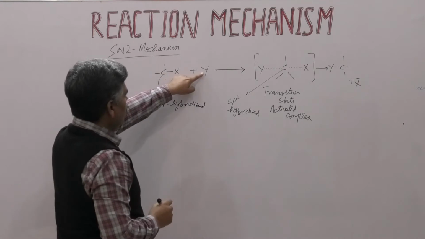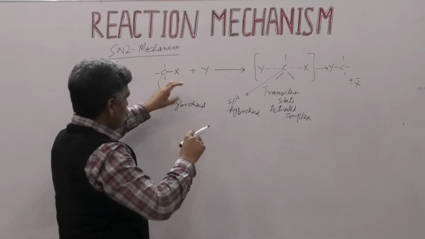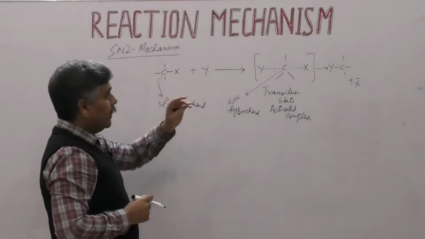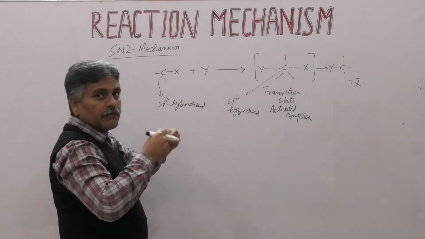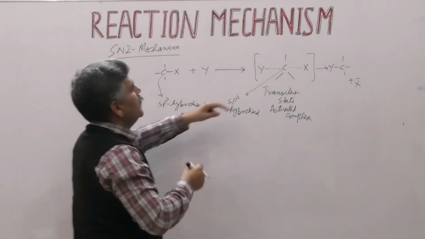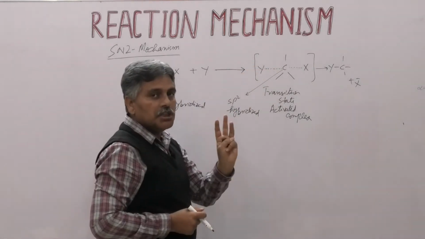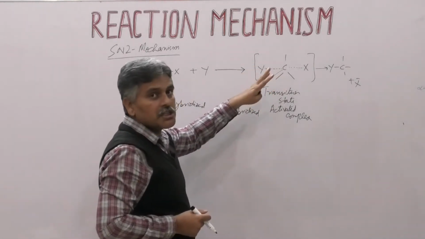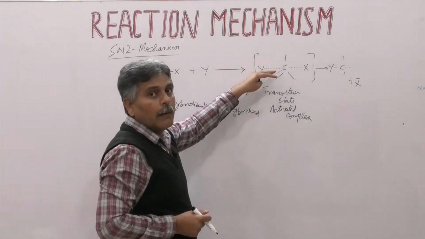When the nucleophile approaches this sp3 carbon, which already forms four covalent bonds, the fifth bond begins to form. So in this transition state, this carbon is attached with three atoms by three sigma bonds, which means this carbon is now sp2 hybridized.